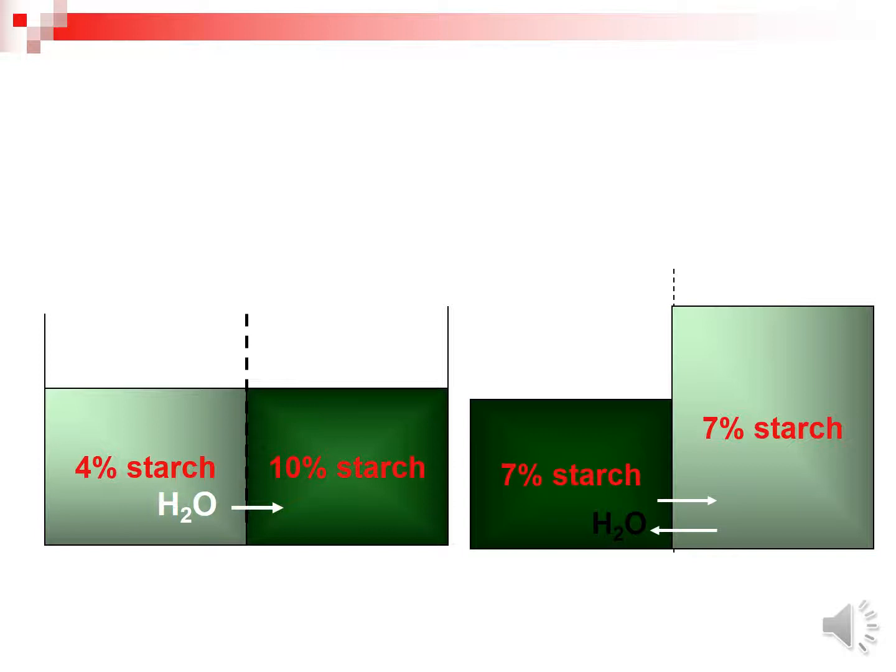Water is going to try to equalize the concentration by moving from the 4% to the 10%. So this will cause the water level to rise on the right side and lower on the left side. Once it reaches a point where there's a 7% starch solution on both sides, the water will be at equilibrium and will be moving between the two sides at an equal rate, equilibrium.